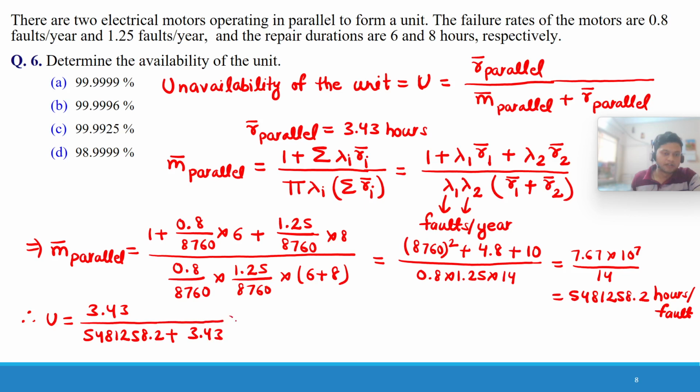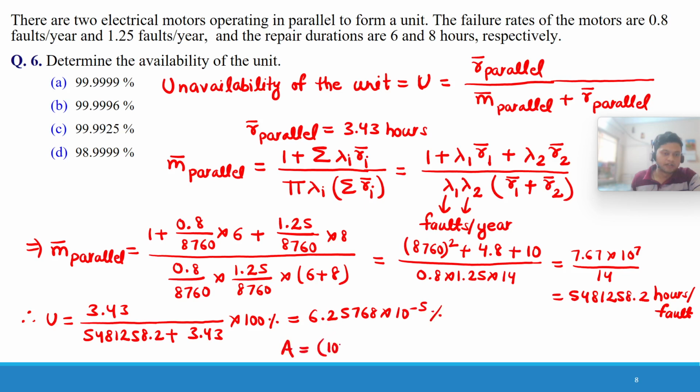In order to get in percentage form, multiply it by 100%. So you will get 6.25768 into 10 power minus 5%. It is very small value.